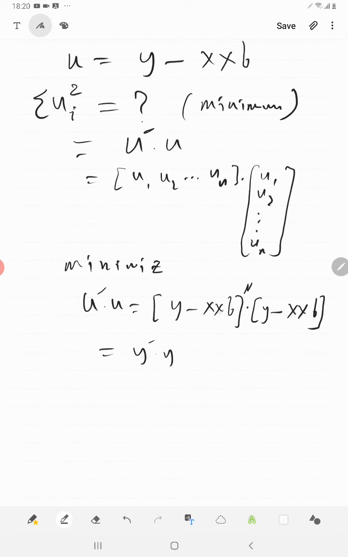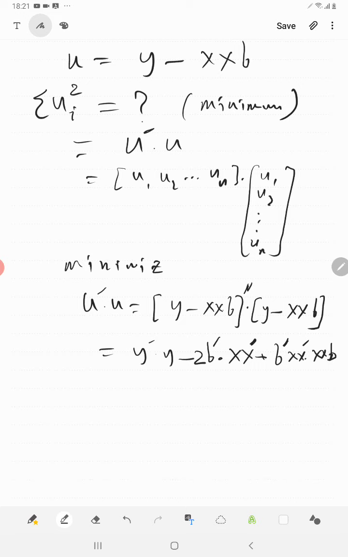Y transpose times Y, minus B transpose times XX transpose times Y, and we have another one, so you'll get 2 minus, times plus, you'll get B transpose XX transpose times XX times B, okay? You will get that.